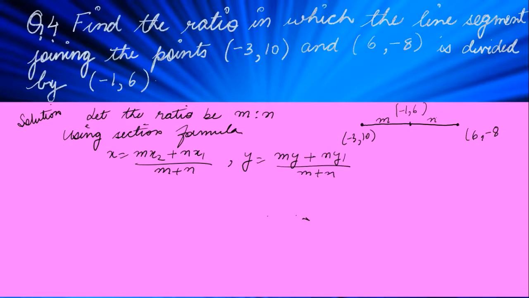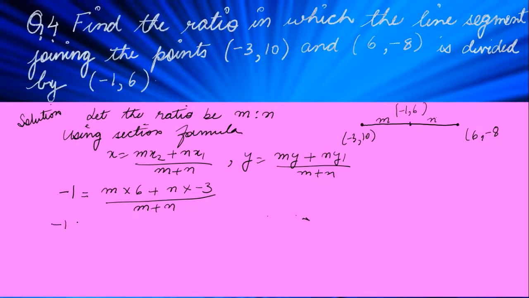We can do it simply by x only. -1 is m into 6 plus n into -3 upon m plus n.